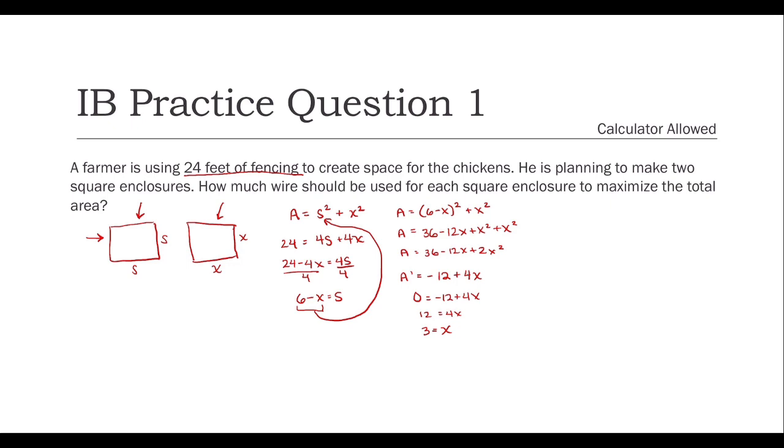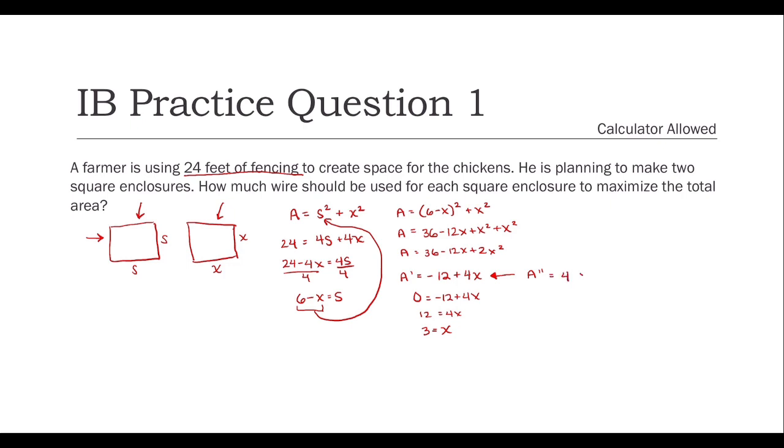So we want to find out if this is a maximum or a minimum. To do that, we could check the slope before and after, or we could look at our second derivative. So our second derivative would be the derivative of A prime, and that's just going to be 4.